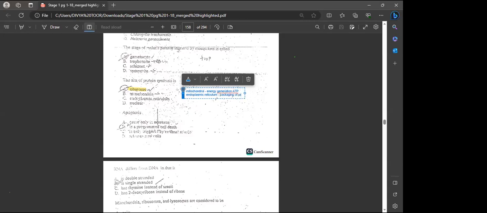There's the smooth and the rough. The rough one is also involved in protein synthesis. The smooth one is mostly involved with storage and packaging. We used to call them vacuoles, right? Yeah, vacuoles.